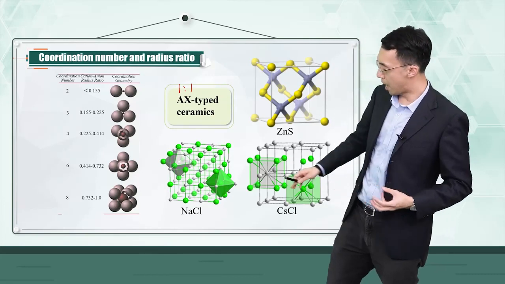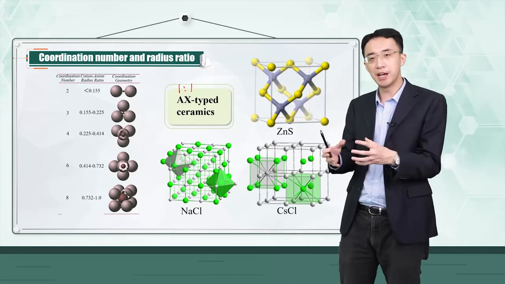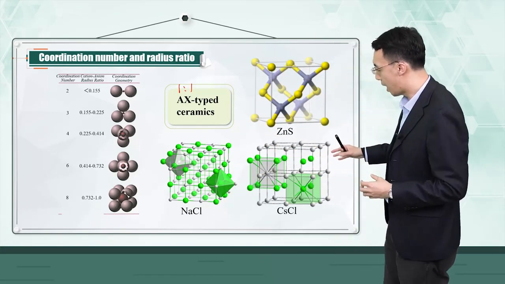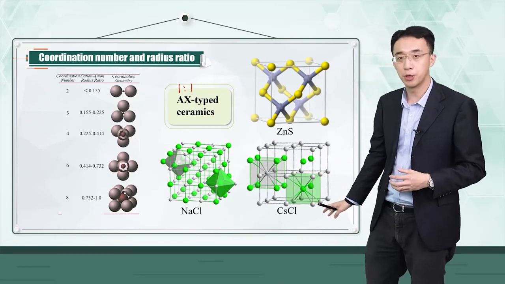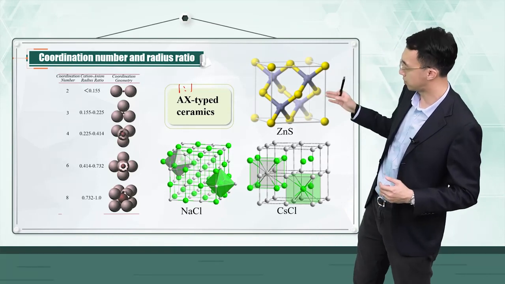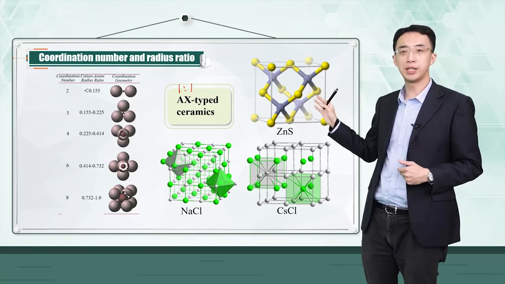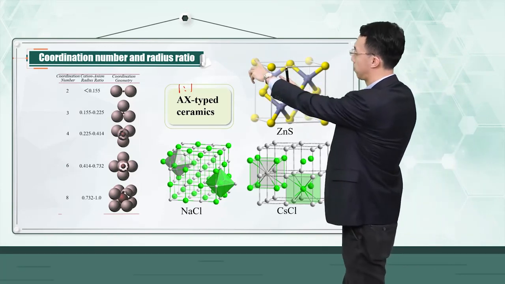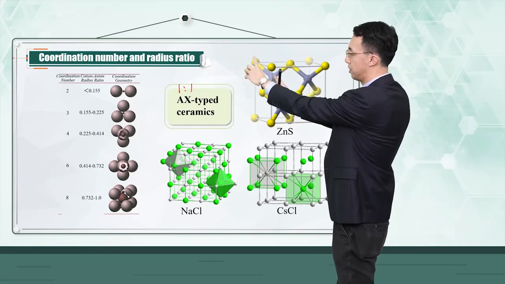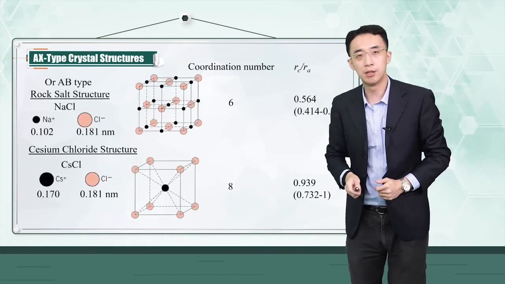For example, you may have a sodium chloride structure, which has two interpenetrating FCC structures, you may have the cesium chloride structure, where you have a simple cubic lattice, or you may have a relatively more complex zinc sulfide structure, where you still have two interpenetrating FCC structures, but the relative displacement between the two FCC structures is 1/4 of the body diagonal. So we'll see one by one.